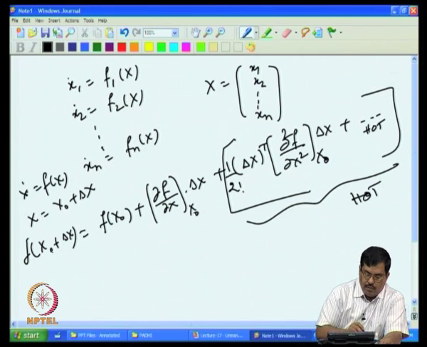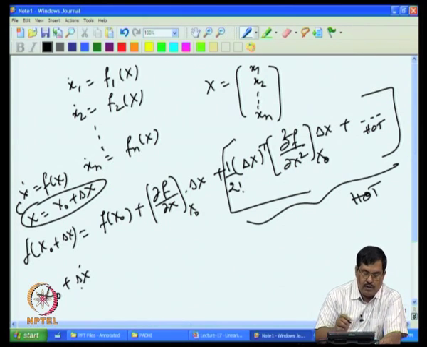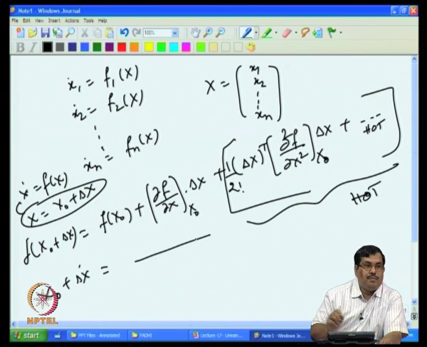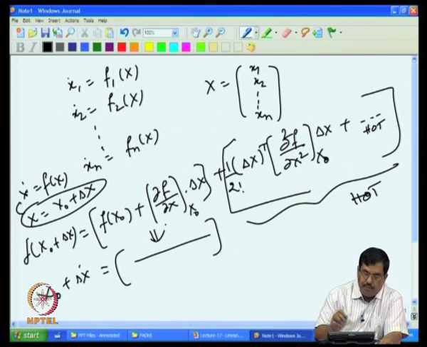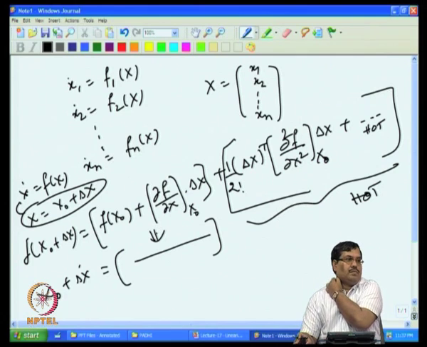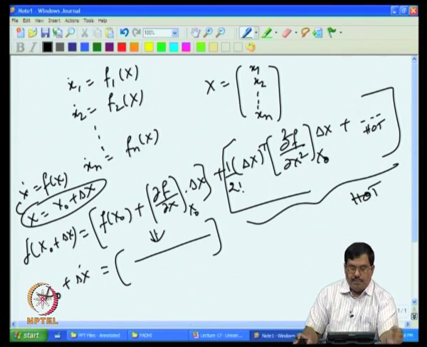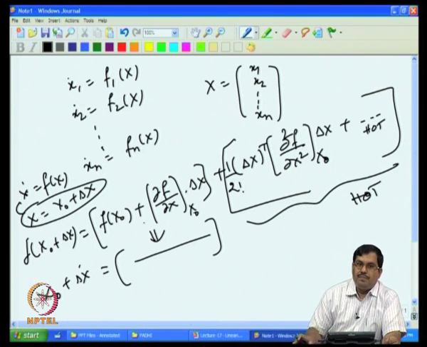If you substitute this back in here, we get x 0 dot plus delta x dot is equal to all these terms, the entire expression. But these higher order terms are neglected, because higher order terms you have neglected anyway.